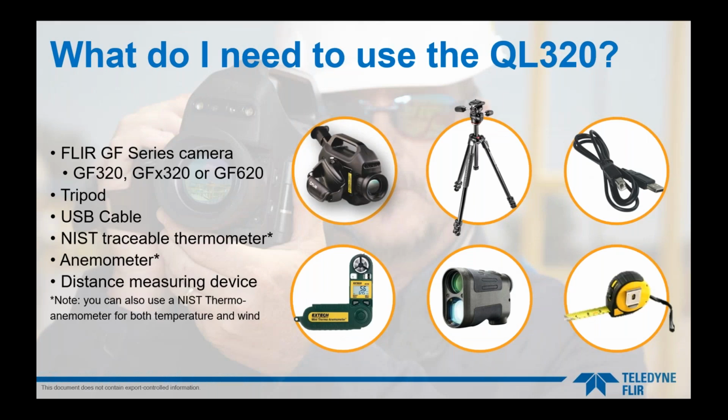What do I need to use the QL320? Well, obviously a camera, first and foremost. Tripod. Now, this is very, very important because the algorithms for the mass and volume calculation are partially based on movement of the gas.